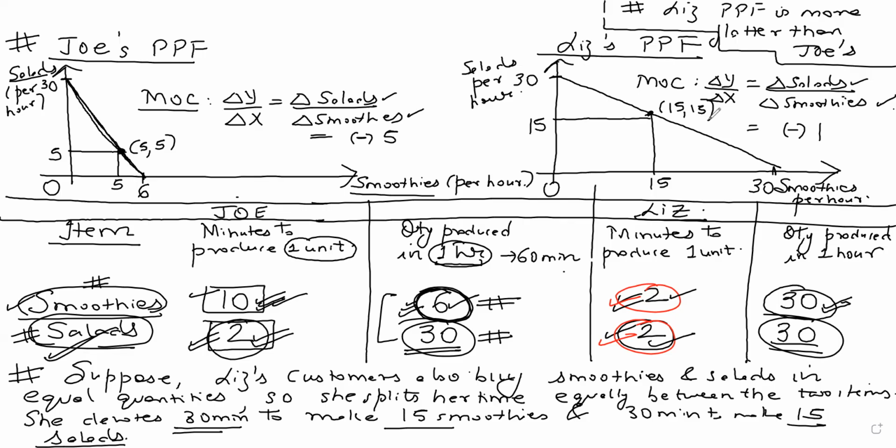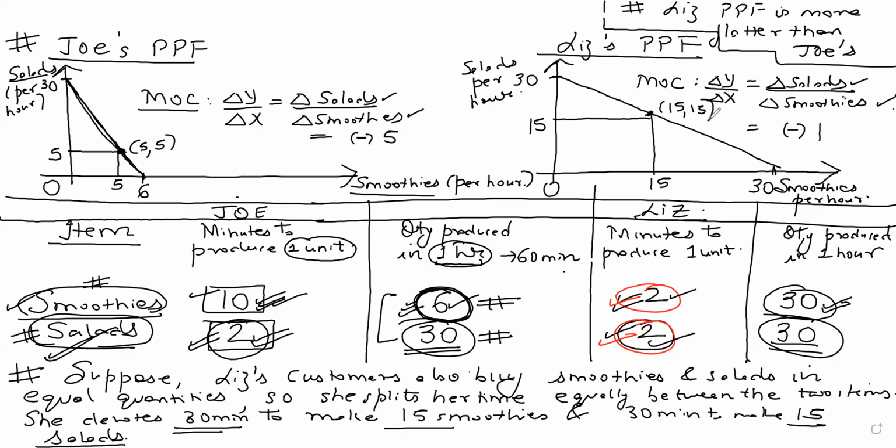Now, all we have done till now was when there was no trade happening. In the next lecture, we are going to see what happens when Joey and Liz trade with each other. And then we are going to understand how trade leads to gains when Joey and Liz specialize in the commodity in which they have comparative advantage.